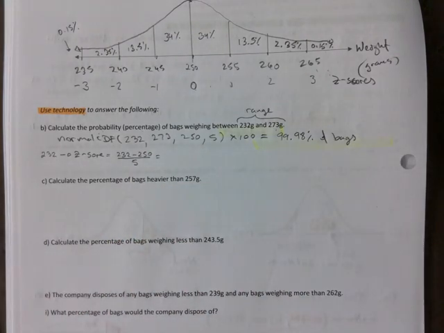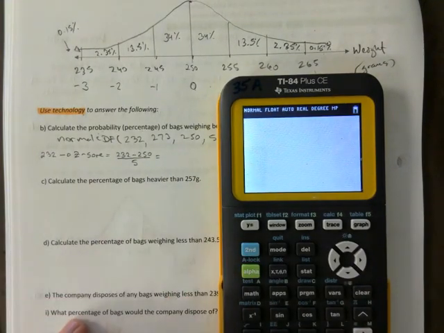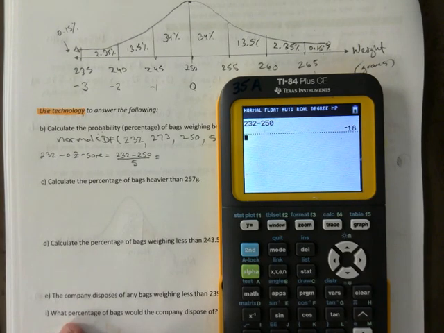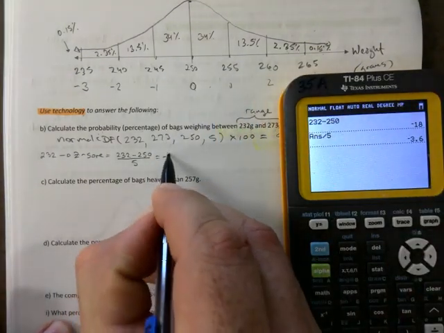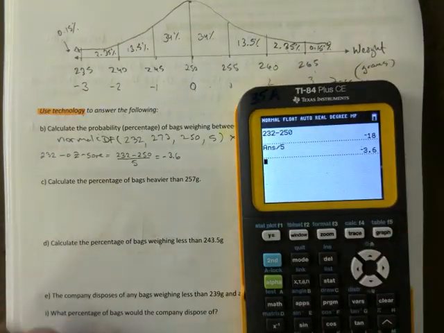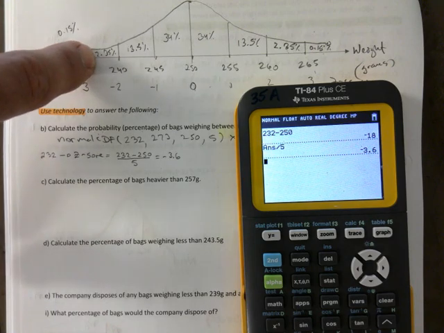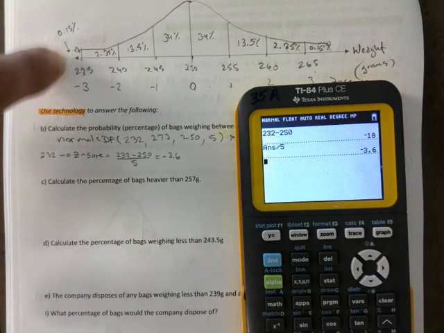Negative 18 divided by 5 is negative 3.6. And I was wrong earlier. 232 would not have been here; it would have been below 235.